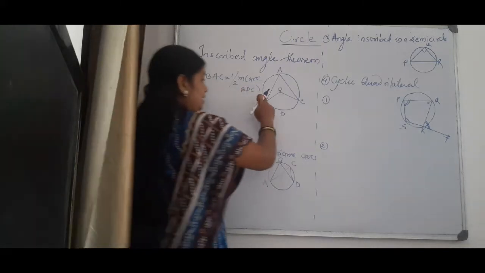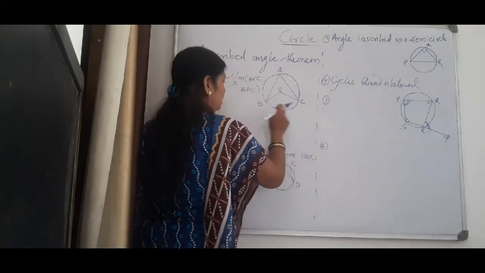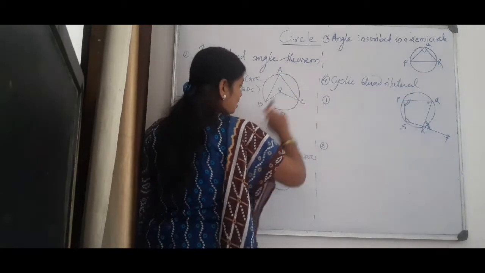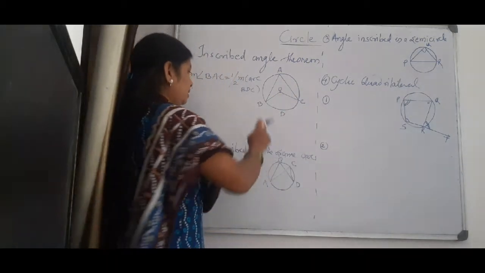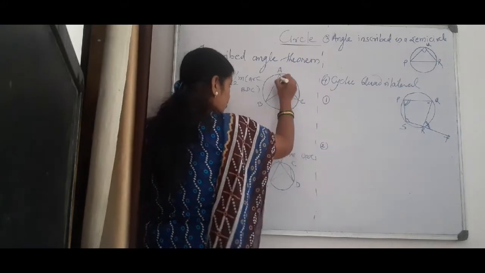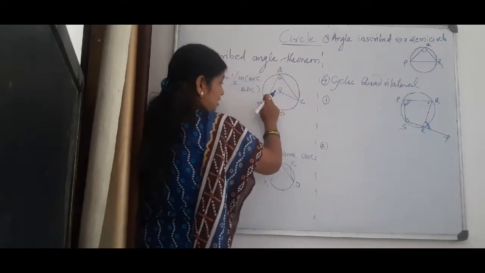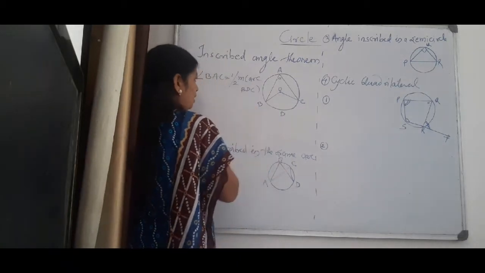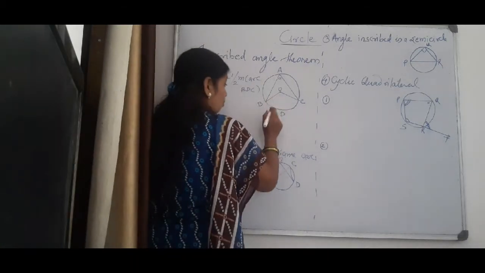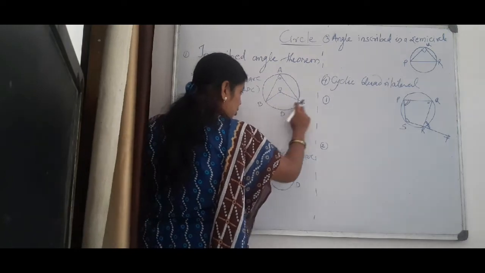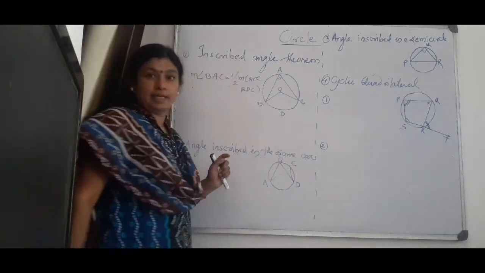Measure of inscribed angle is equal to half the measure of the corresponding opposite arc. Arc BDC is opposite to this angle, and this angle is equal to half of the corresponding arc. Again, what is the measure of arc? Measure of arc is equal to measure of central angle.